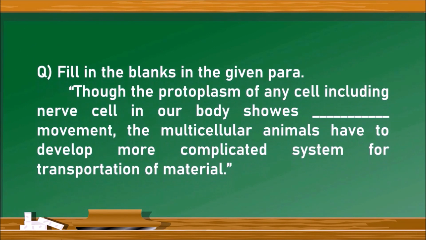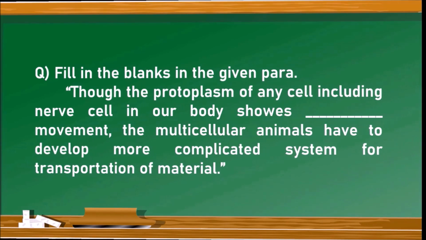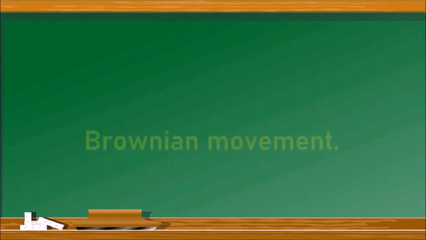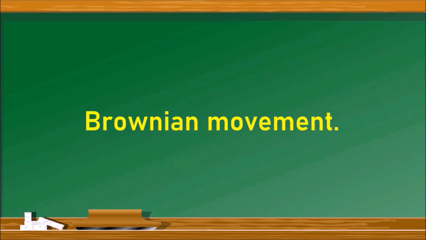The next question: fill in the blank in the given para. Though the protoplasm of any cell, including nerve cell in our body, shows dash movement, the multicellular animals have to develop more complicated system for transportation of material. In general, the protoplasm of the living cells show the Brownian movement.